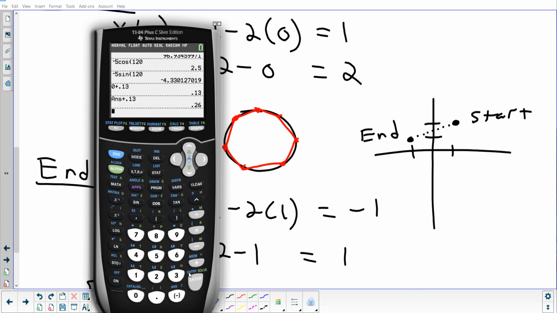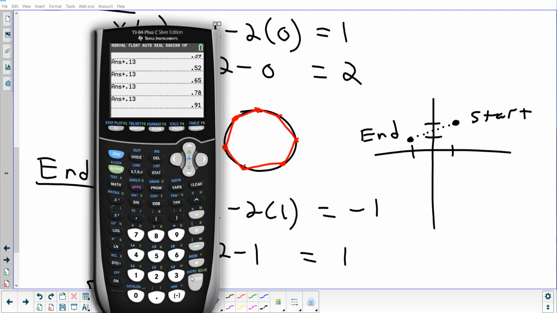Then it's going to put in plus 0.26. Plug 0.26 in for the x, for the y, plot another point. Then it's going to do 0.39. And it's going to do 0.52, 0.65, 0.78, 0.91.